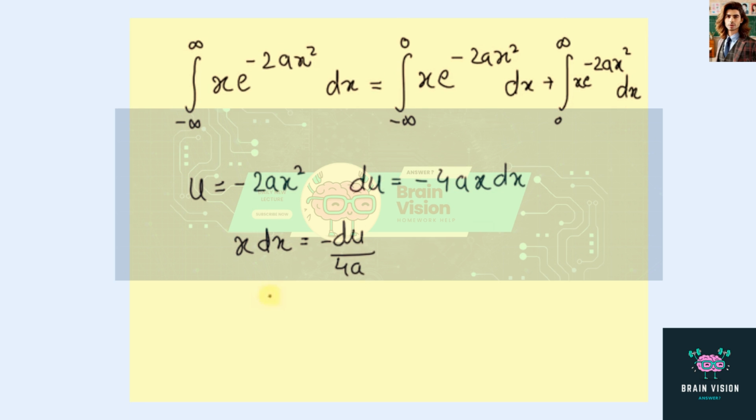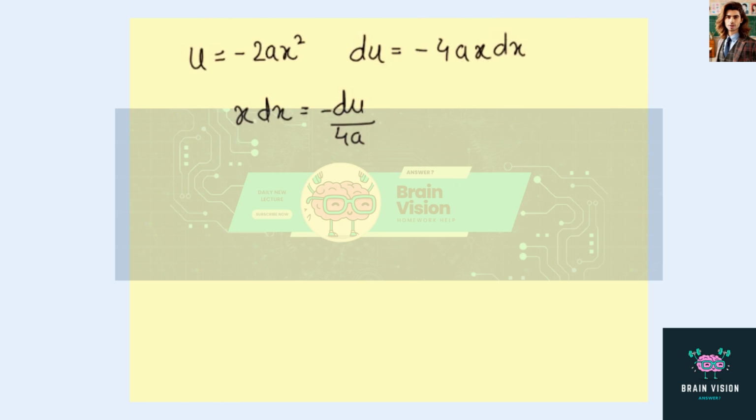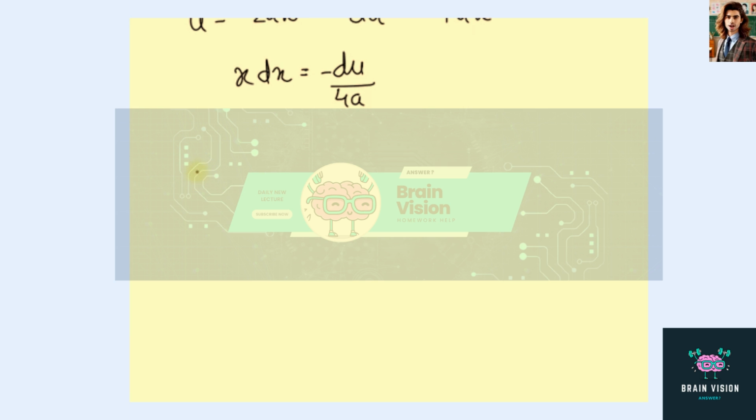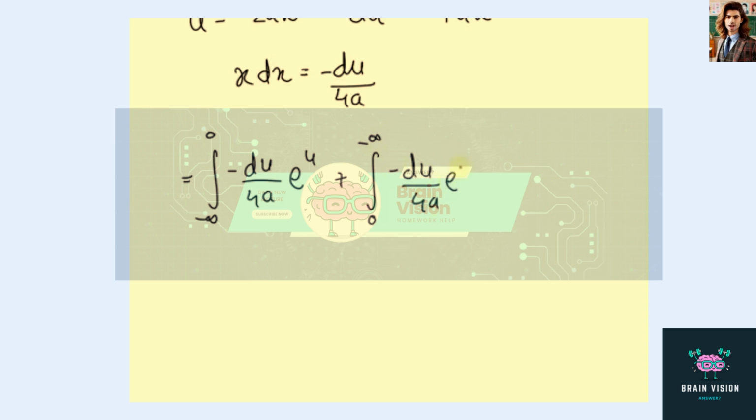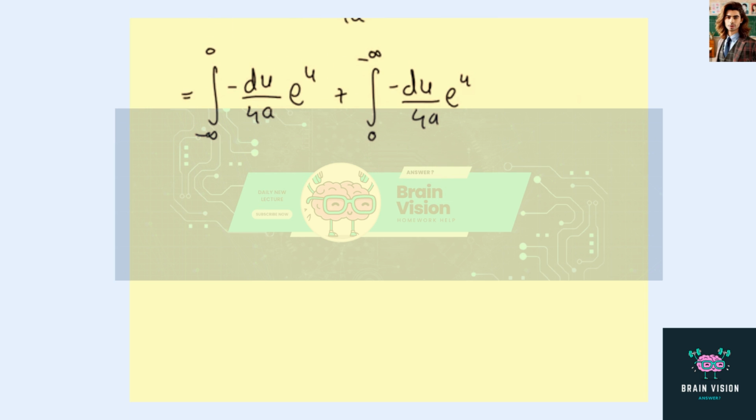So this integral then becomes, calculating directly, the integral from minus infinity to 0 of minus du upon 4a into e raised to u, plus the integral from 0 to minus infinity of minus du upon 4a into e raised to u. From here we get minus 1 upon 4a.